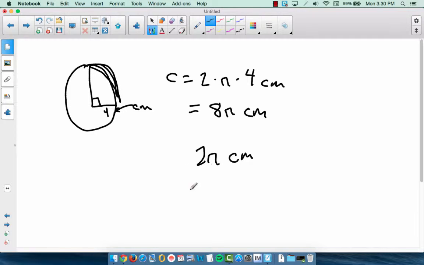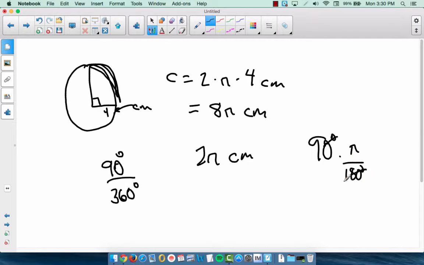Okay, that works. You did 90 over 360, right? That's the fraction of the circle, then the fraction of the circumference. With radians, we would change 90 degrees into radians. You could do that by multiplying by pi divided by 180. 90 goes into 180 2 times, so you get pi over 2 radians.